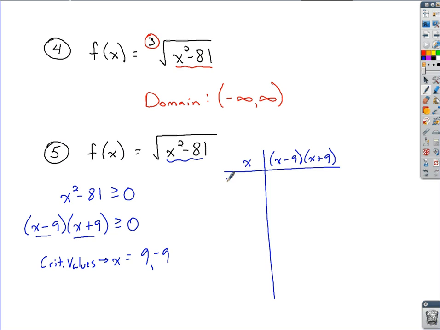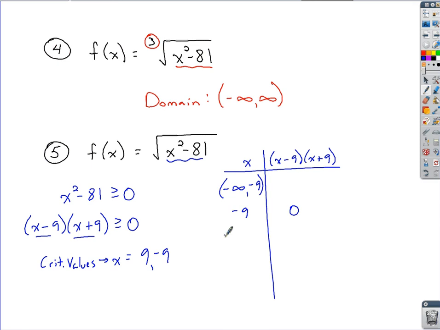And we start at -infinity, and we work our way up to whatever the smallest critical value is, so -9. And sometimes we note what happens here at -9. Of course, at -9, what happens is this expression over here equals 0. Right? That's how we found -9 in the first place.